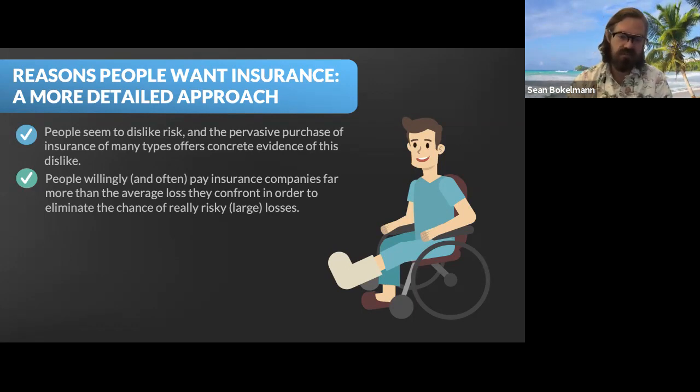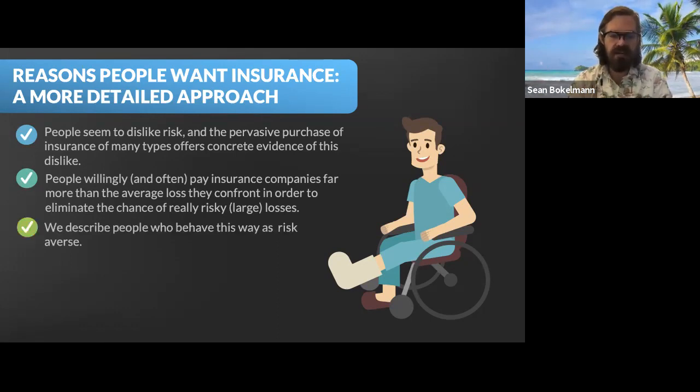Because there's a 50% chance you lose $50. There's a 50% chance you don't lose anything. So the expected loss is $25. A risk averse person would pay something more than $25 to just not even have to go through that gamble, right? That's basically what we're saying here.